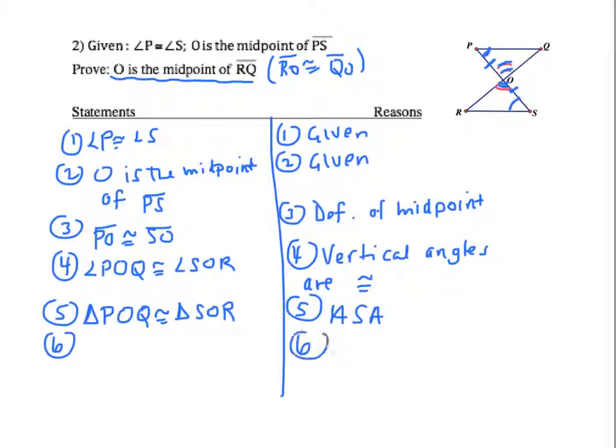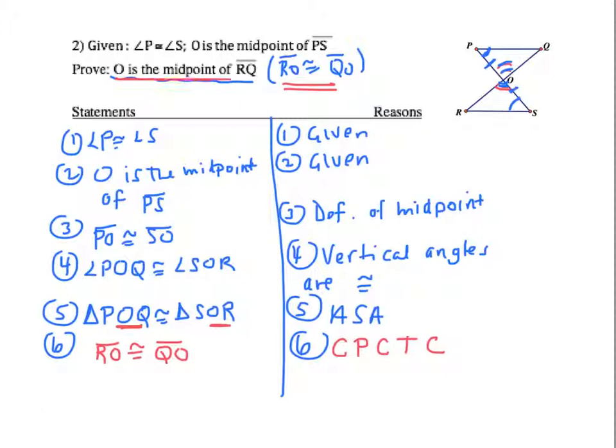Okay, now that we've shown that those two triangles are congruent, we can for sure say that RO is congruent to QO. Here's RO, here's QO. So RO congruent to QO. And that's by using corresponding parts of congruent triangles are congruent, CPCTC. But notice that our proof doesn't stop there.